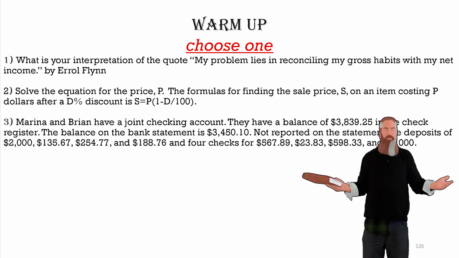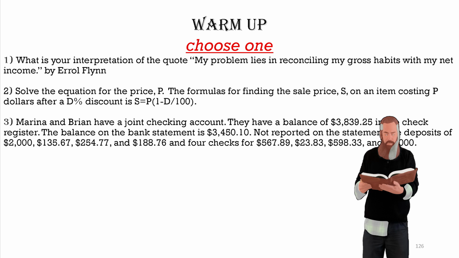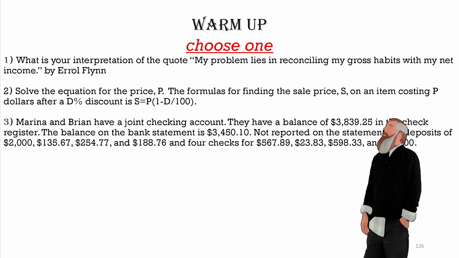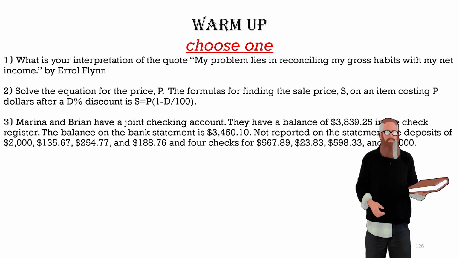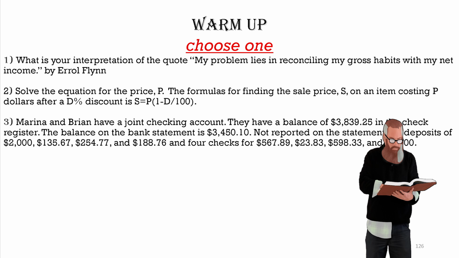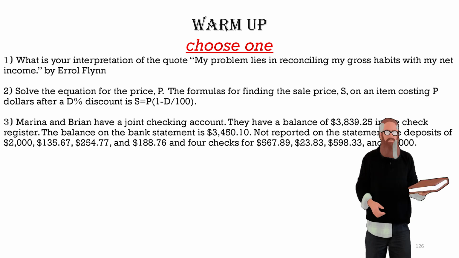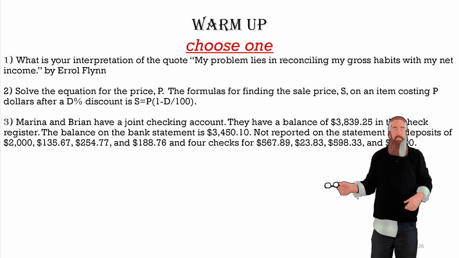Now, let's take a look at a problem that you will be able to do by the end of this lesson. Marina and Brian have a joint checking account. They have a balance of $3,839.25 in the check register. The balance on the bank statement says $3,450.10.